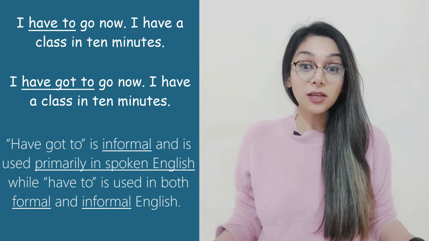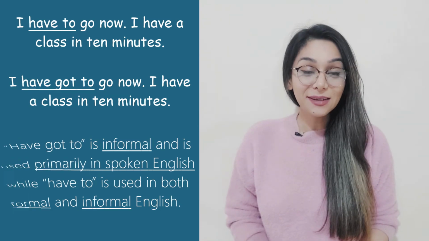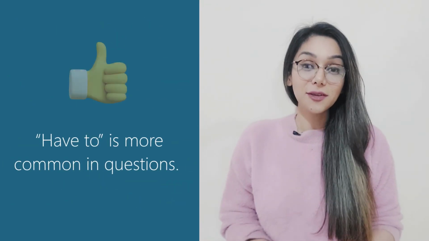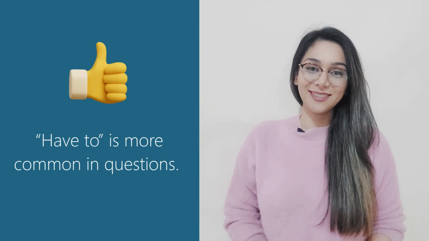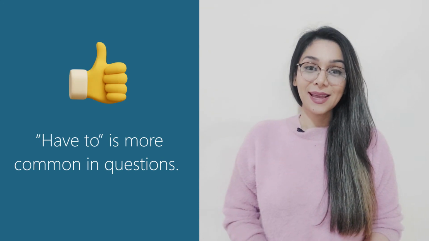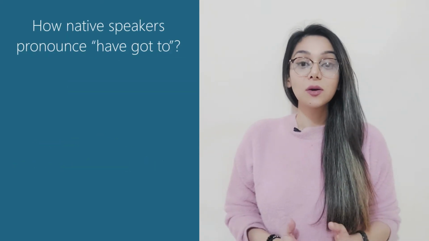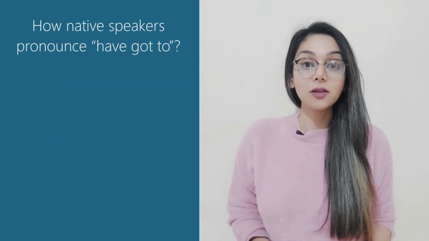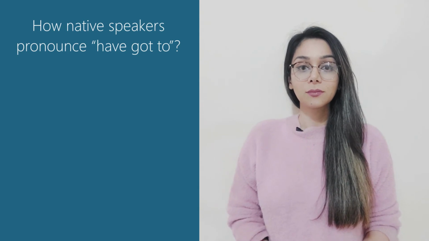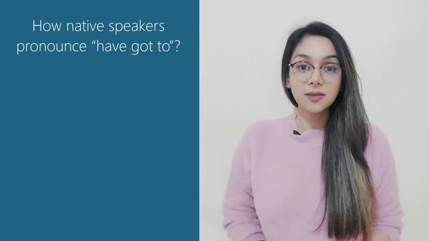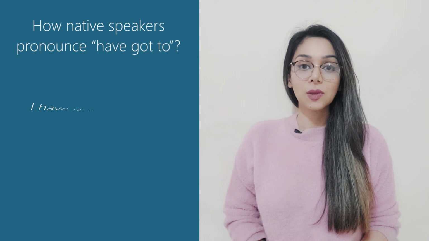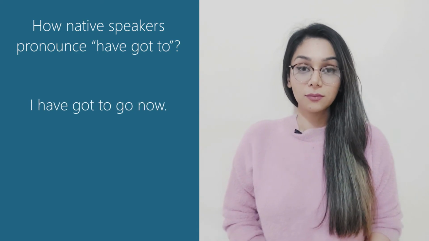How about the question? Again, have to is used in questions. Now let's see how native speakers pronounce have got to. Let's take a look at this sentence. I have got to go now.